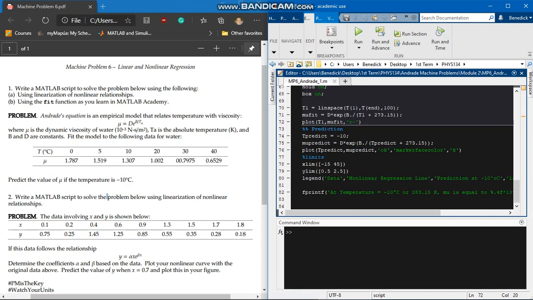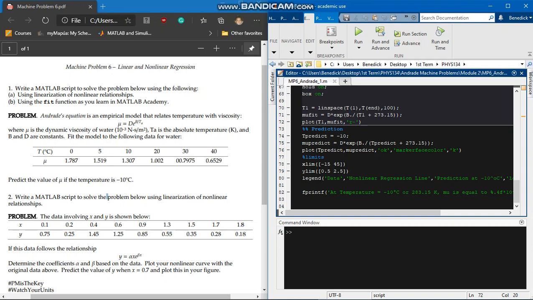And lastly, for the prediction, we want to predict what happens to the dynamic viscosity if the temperature is negative 10 degrees Celsius. In order to do that, we use T and this equation, D e raised to B over T_a.